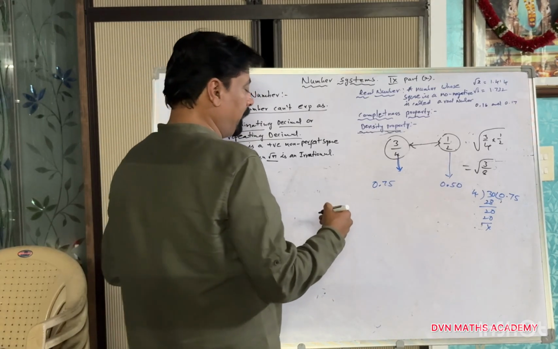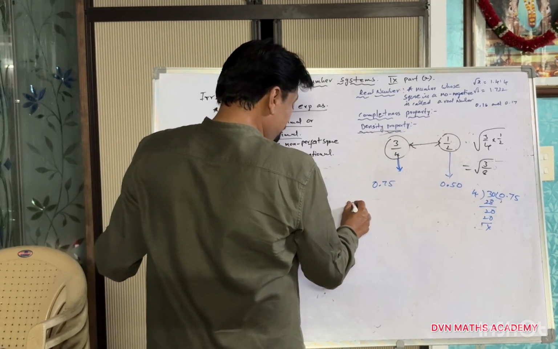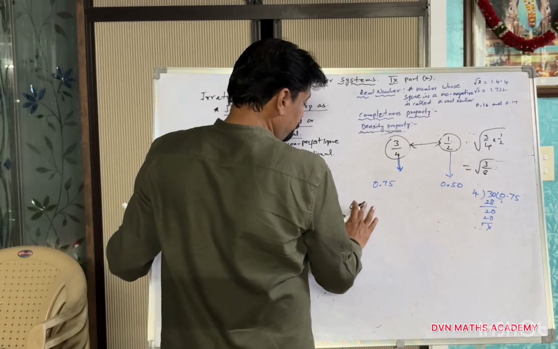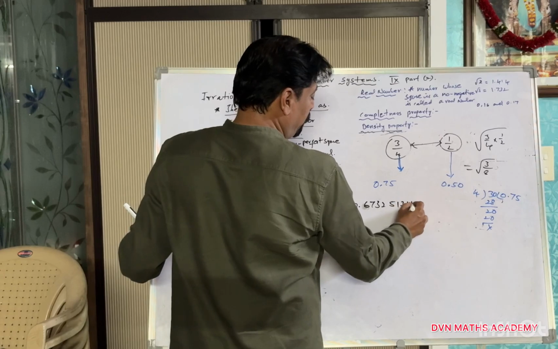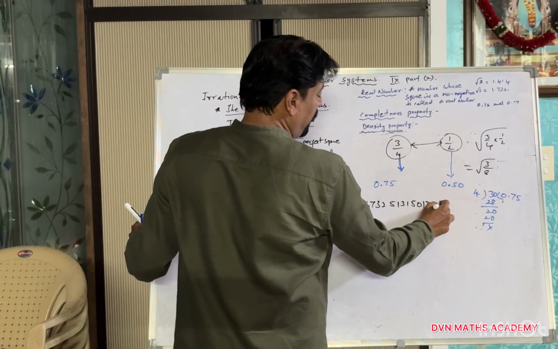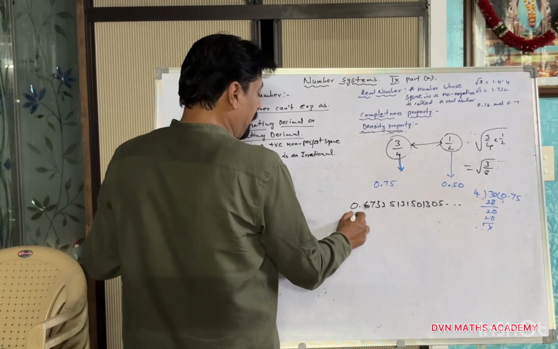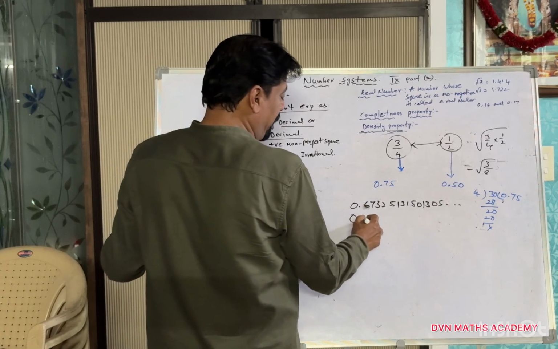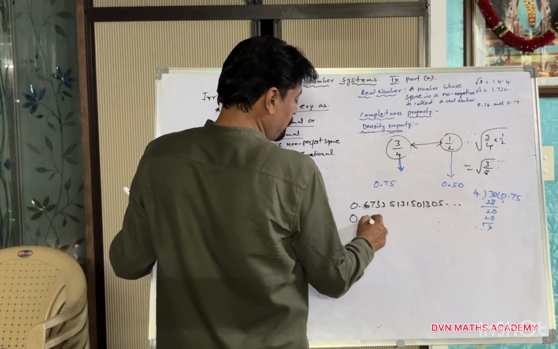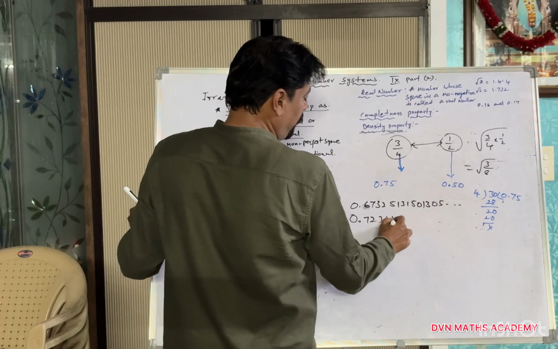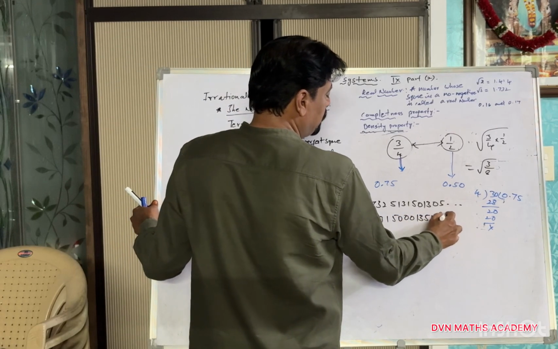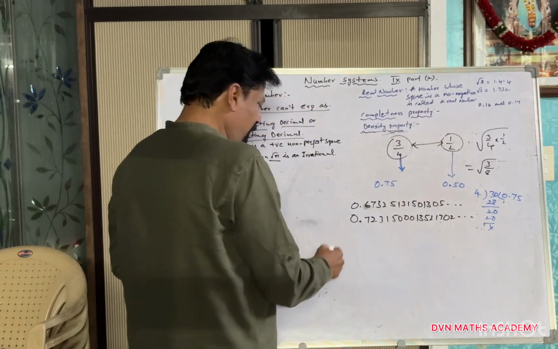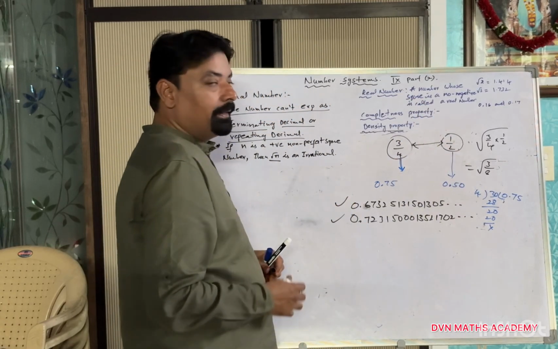If you observe carefully, I am writing 0.67325131501305 and so on. And another number, 0.672315000135217002 and so on. Why did I write all this?